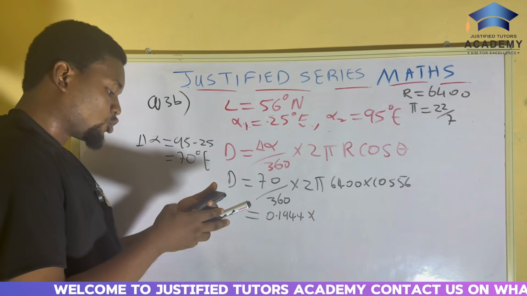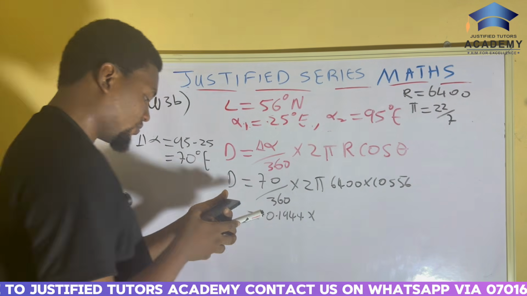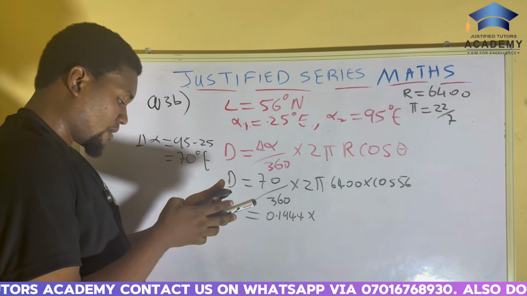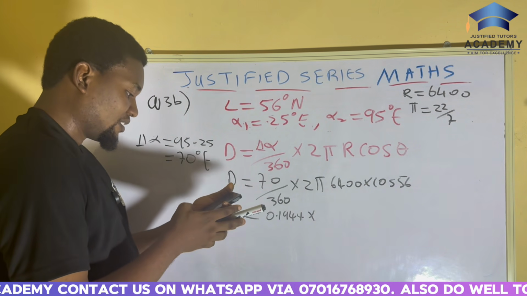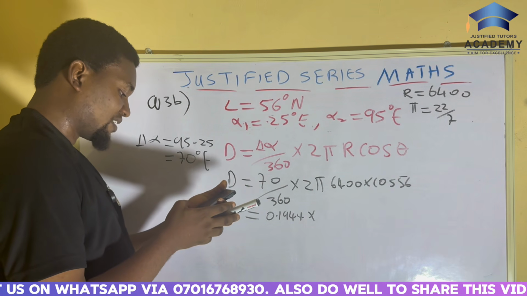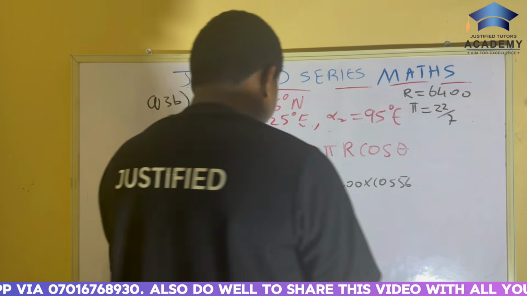So what's 2 times 22 over 7? Because we're told that pi is 22 over 7. So 2 times your 22 over 7 times 6,400. That'll give us 40,212.